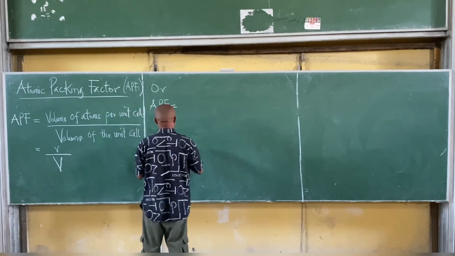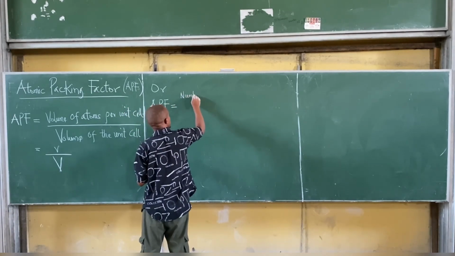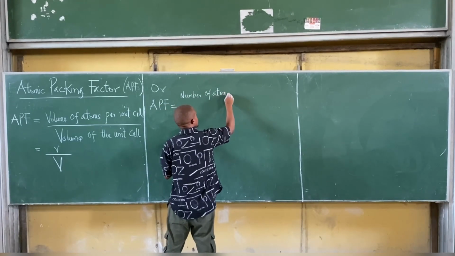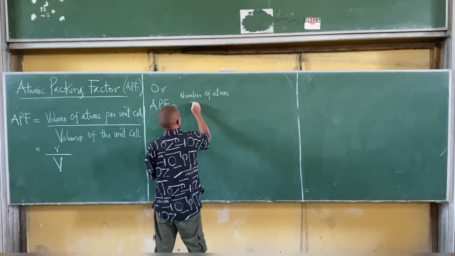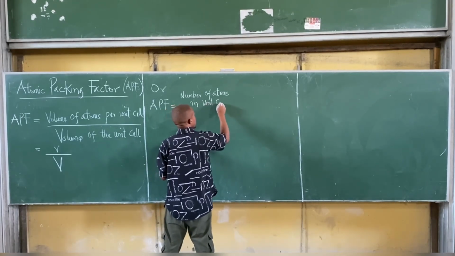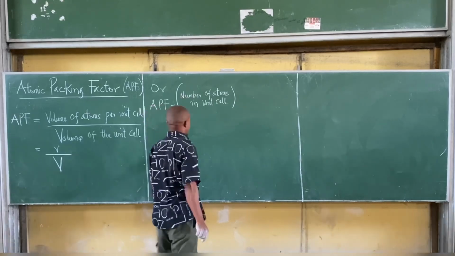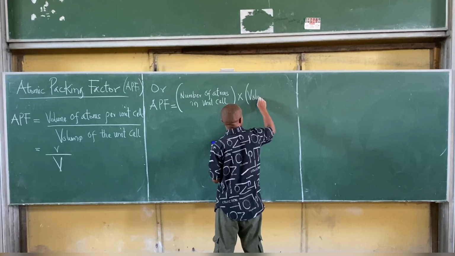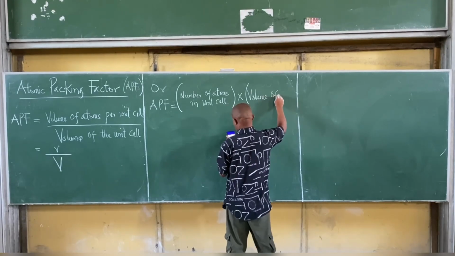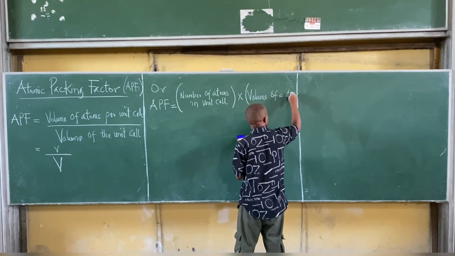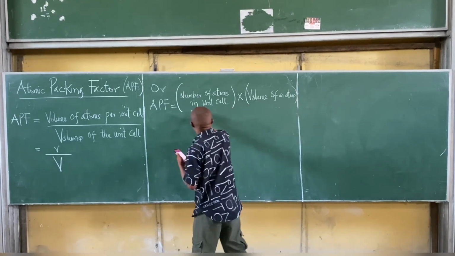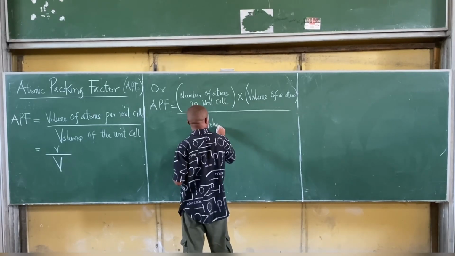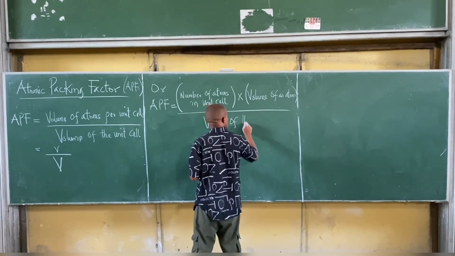Or we can also define the APF as the number of atoms in the unit cell multiplied by the volume of an atom, divided by the volume of the unit cell.